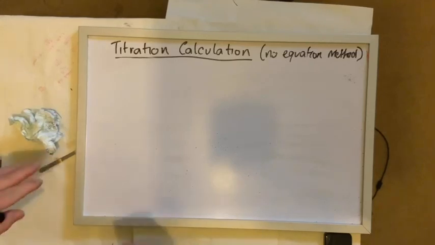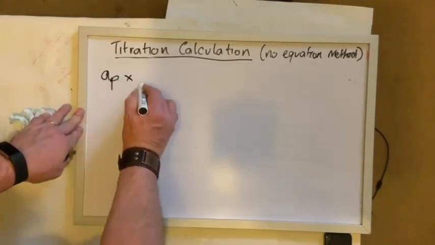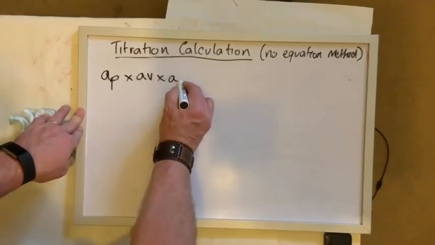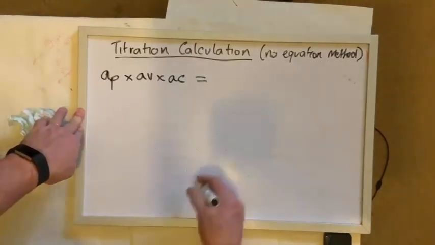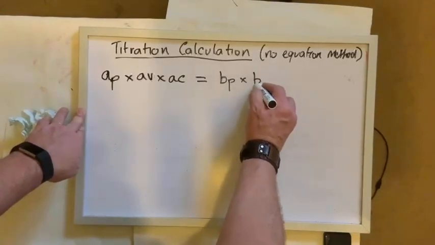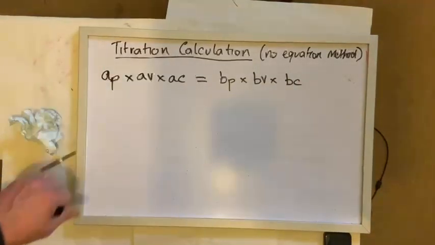So we use the equation acid power multiplied by acid volume multiplied by acid concentration has to equal, if it's neutral, base power times base volume times base concentration.